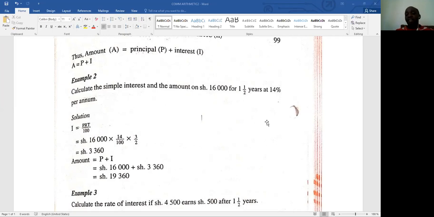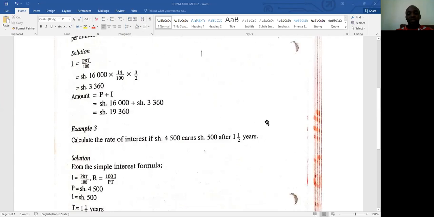At the end, you have a certain amount of money. If you subtract the money that you deposited, which is the principal, whatever you get is called simple interest.